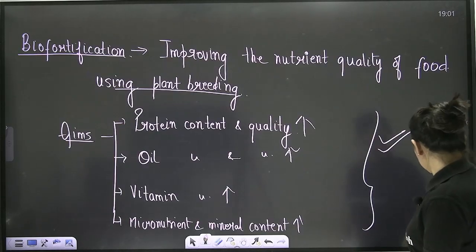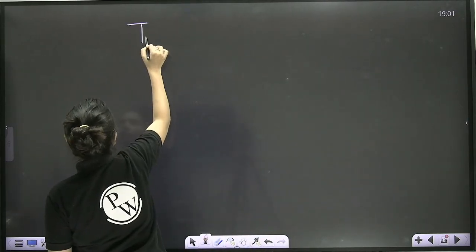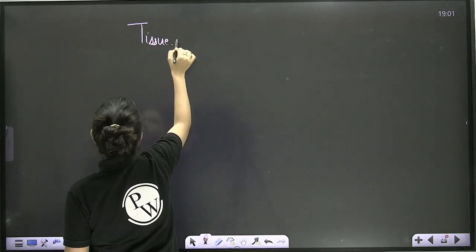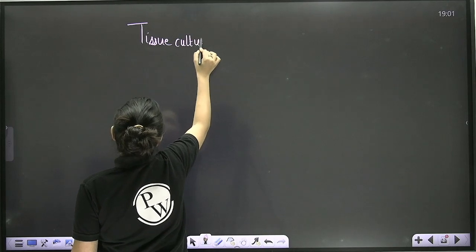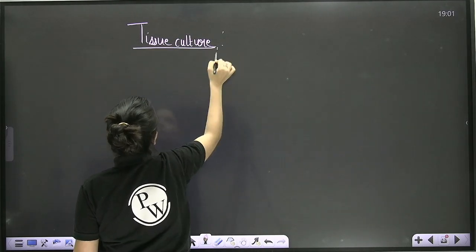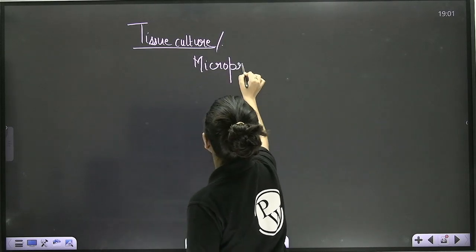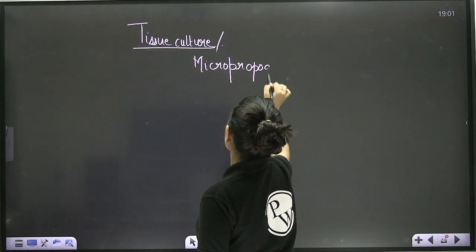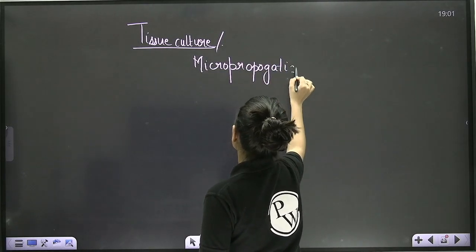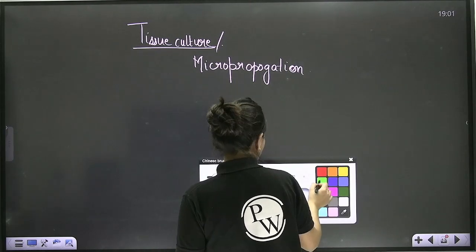Now the last topic left is your tissue culture. Tissue culture, beta, which is also known as micropropagation. So what do you do over here?